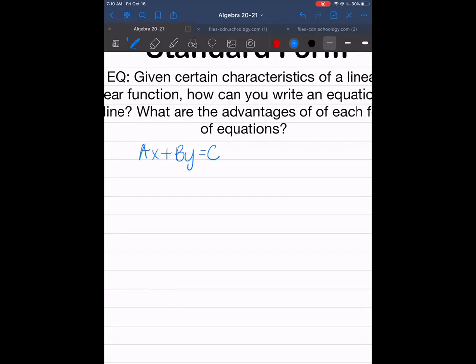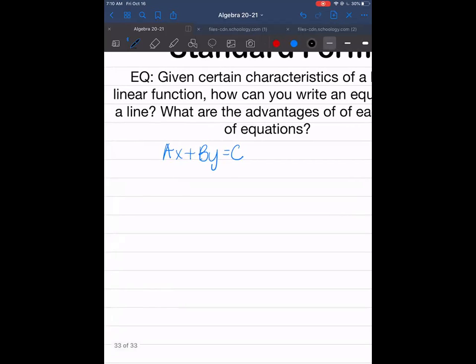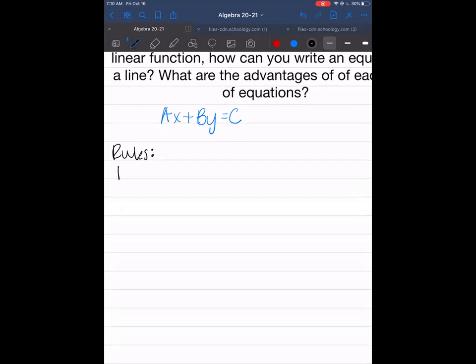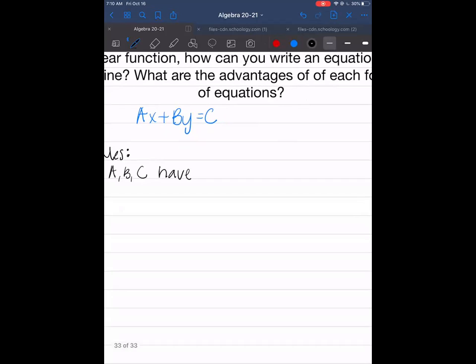Now, there's lots of rules for standard form that we need to go over. For standard form, the biggest thing is that a, b, and c have to be integers. That is, those whole numbers that are positive or negative. What I mean by that is it can't be fractions, it can't have decimals, it has to be integers.